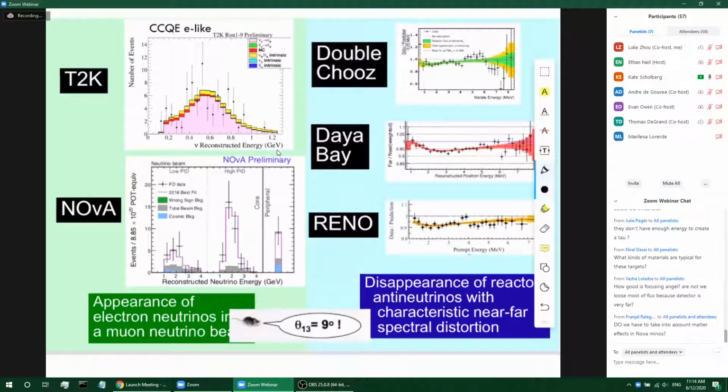And then on the right-hand side, here's the data from 3 different reactor experiments. You can see here, this is a disappearance. What's shown there is the ratio of the observed spectrum as a function of energy to the no oscillation expectation. And I think that's near versus far.